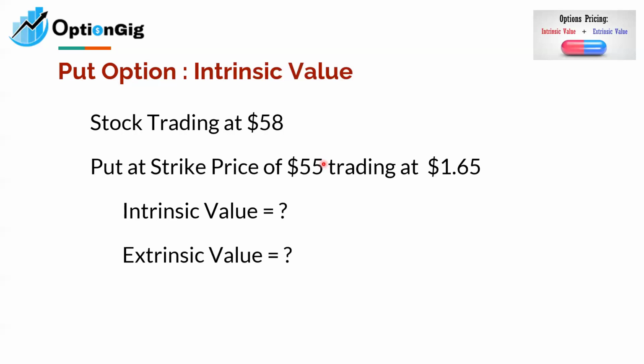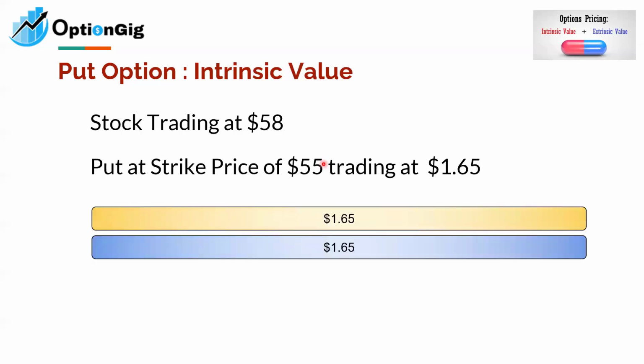I have a stock, I'll just go and sell the stock in the market at 58. So this is not beneficial for me. If you are holding a put option, meaning you've bought a put option, then you want the stock to go below your put option strike price. So intrinsic value in this case is 0. It's only extrinsic value in this option.